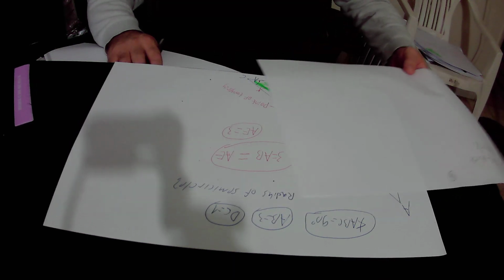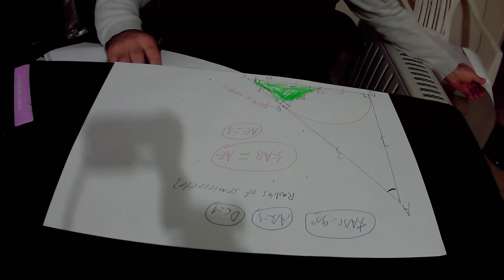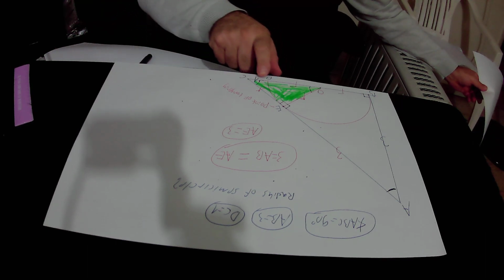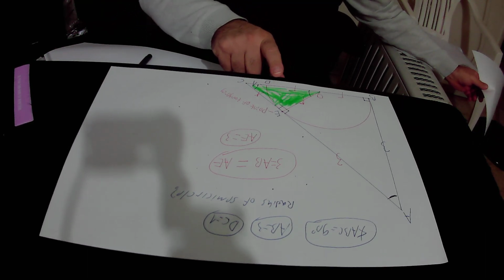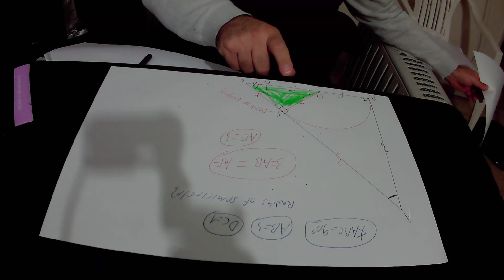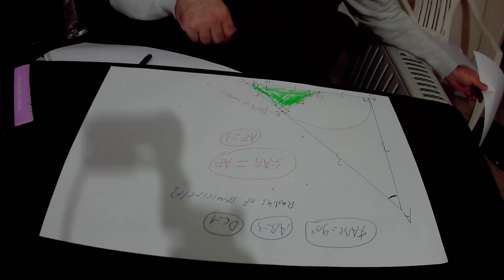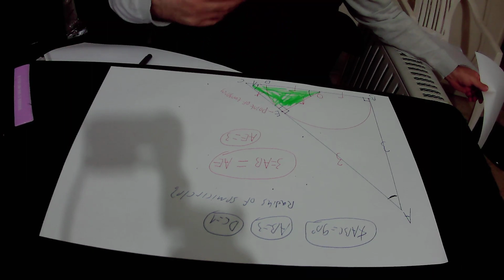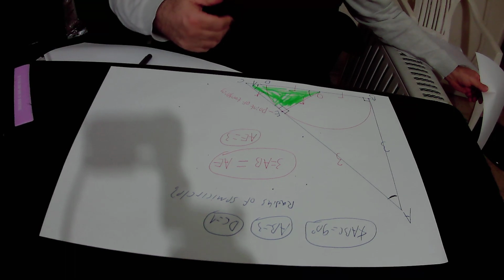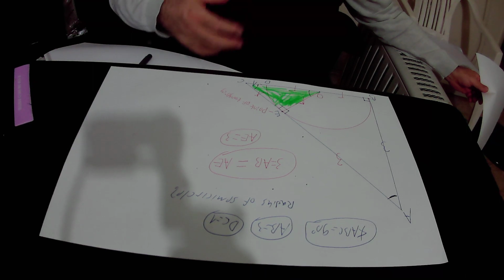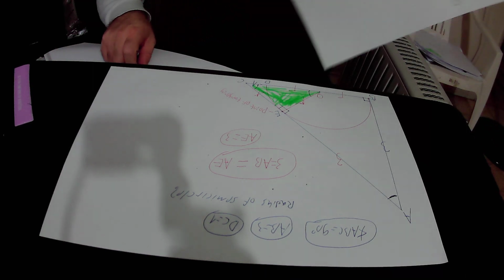So how do we know that x is not 0? x is not 0 because EC, that is a side of the green triangle, equals x. And the side of a triangle is always a positive number. It can never be 0. Therefore, it is allowed to divide the equation by x.